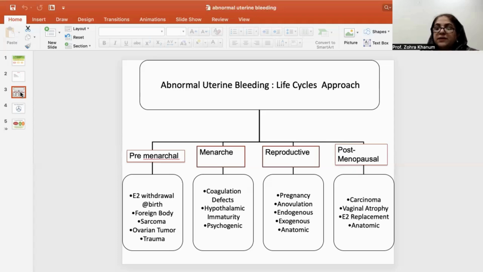But in certain cases they may be just vaginal atrophy, or because of estrogen replacement, because few patients are on hormonal replacement therapy, that can lead to abnormal vaginal bleeding. And we also have to evaluate in this age group any anatomical cause, that may be fibroid uterus or polyp.